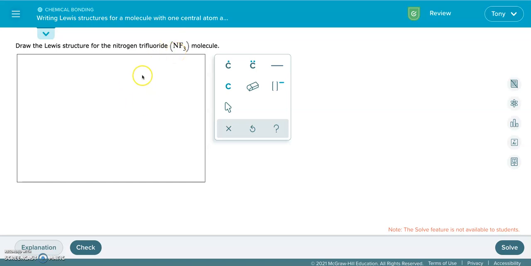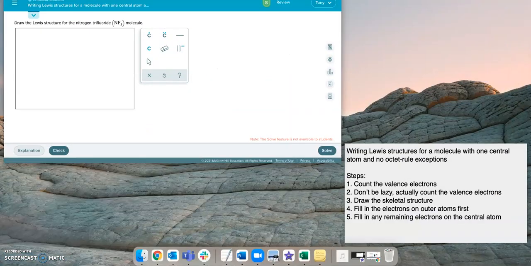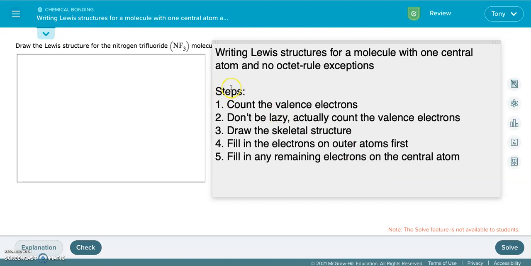Now, as we jump into this, there is a set of steps, a process, that we should go through. It's really easy to get in bad habits and skip over the first step, so I'm going to try to reinforce that today. The first step is to count the valence electrons.